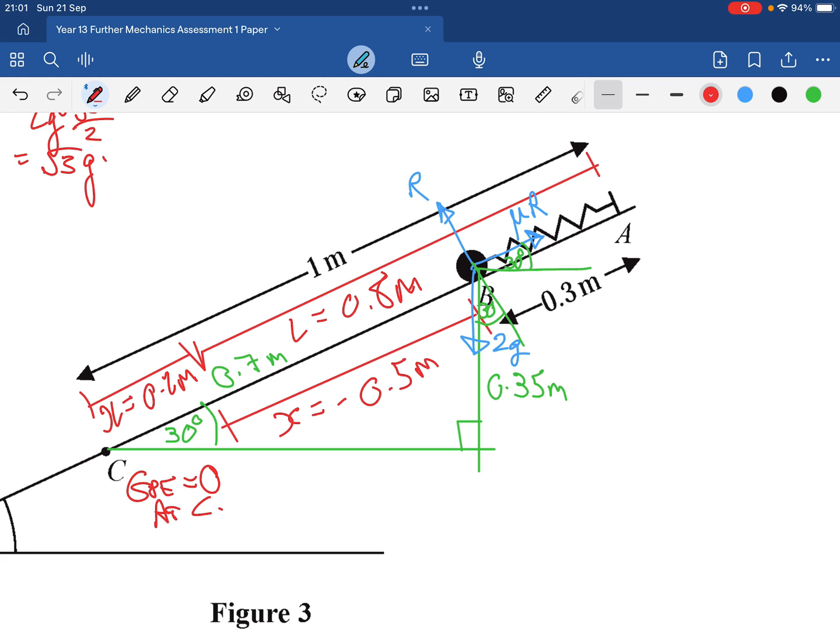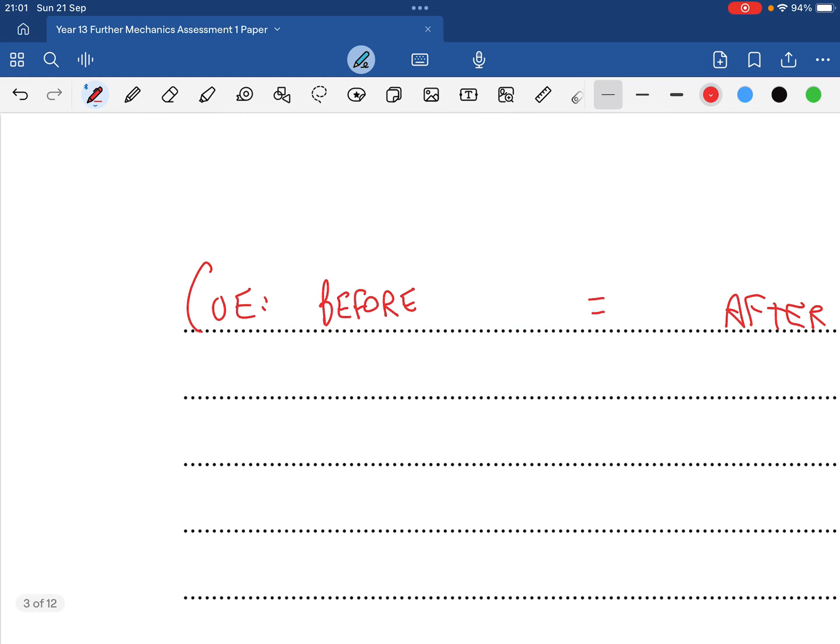Now we can work out the GPE at B. So the height is 0.35. So this means the energy at B, we've got a GPE plus an elastic potential energy. Our GPE is mass times g times the height, so 0.35.